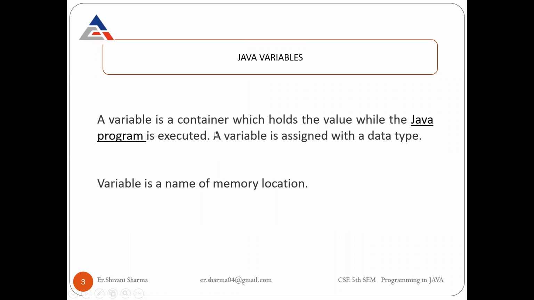Variable is a container which holds the values while the Java program is executed. Variable is assigned with the data type, and the variable is the name of the memory location which is available. It provides the memory location.